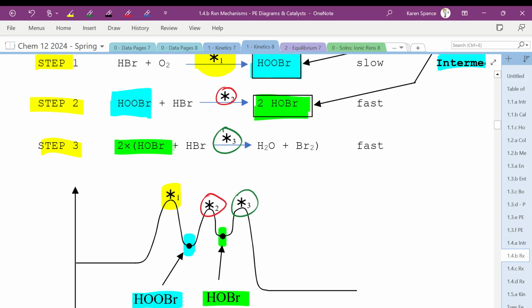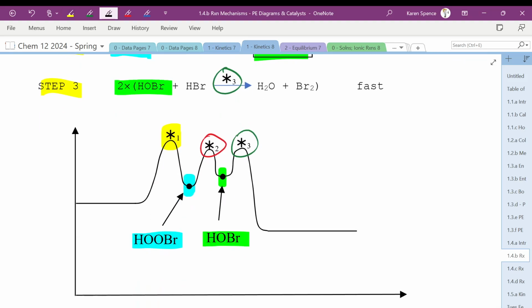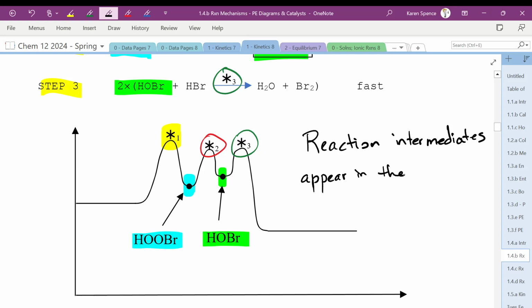So reaction intermediates appear in the valleys. So activated complexes at the peaks, reaction intermediates in the valleys.